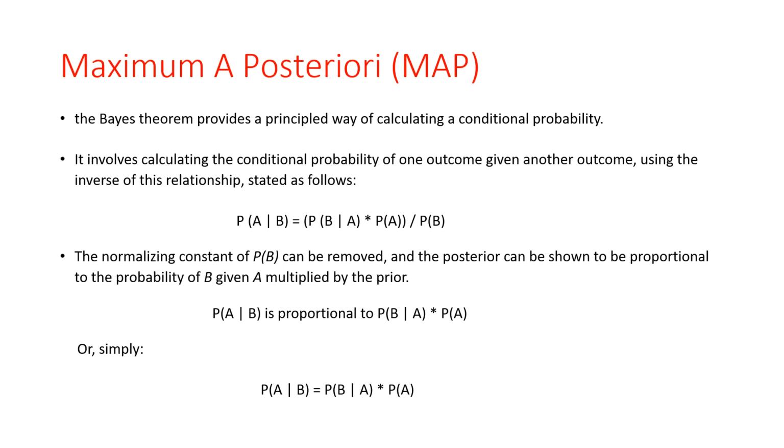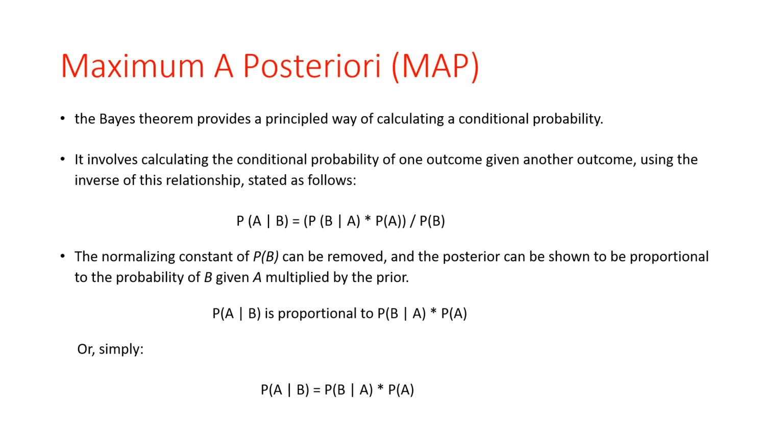So P(A|B) is proportional to P(B|A) times P(A), or simply we can write P(A|B) = P(B|A) times P(A).